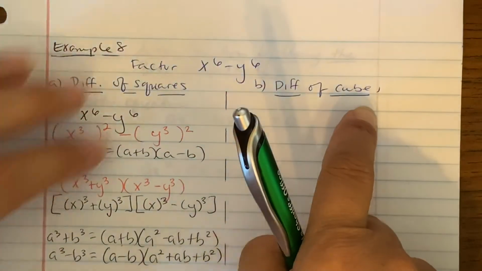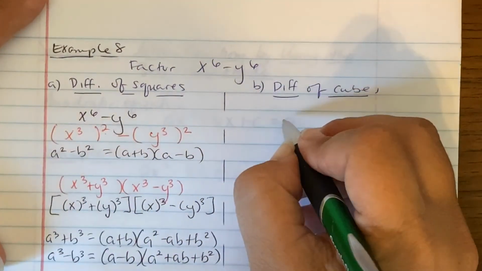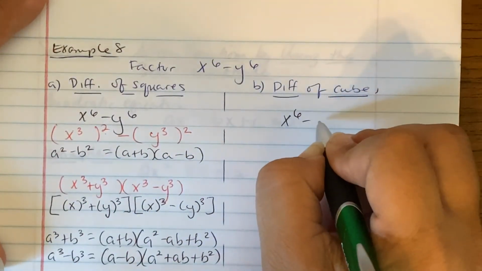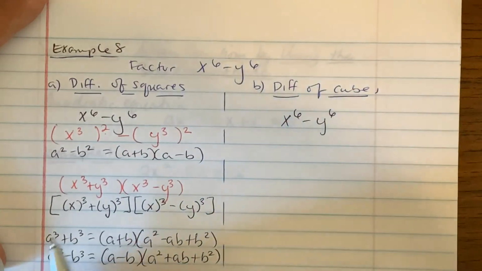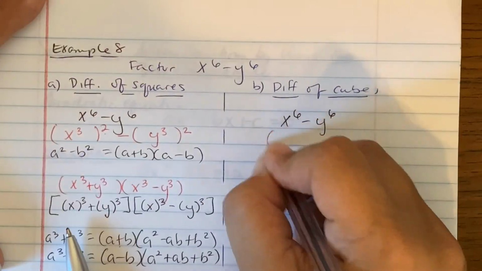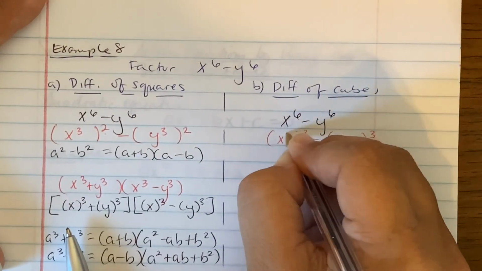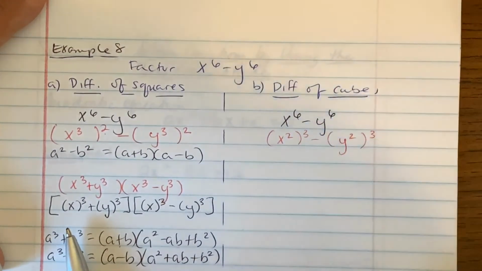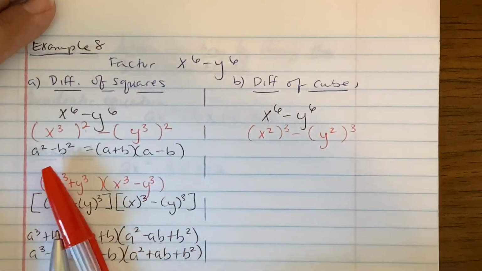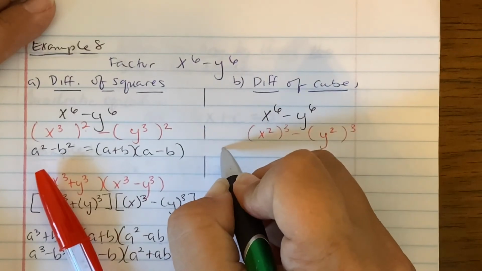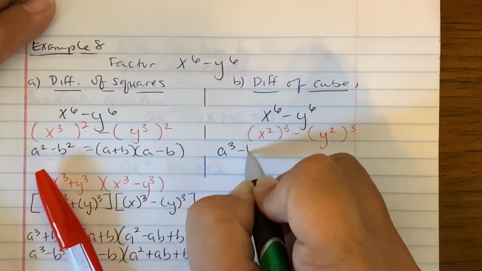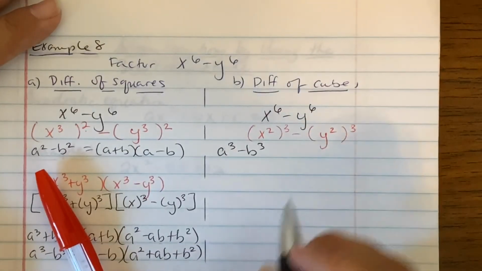Now let's look at the difference of cubes. Difference of cubes says they want us to use a power of 3. So when we start out with x to the 6 minus y to the 6, the exponent has to be a 3 on the outside. So I have to be x squared, y squared. Now, power of 3 means I see a cubed minus b cubed in this instance.